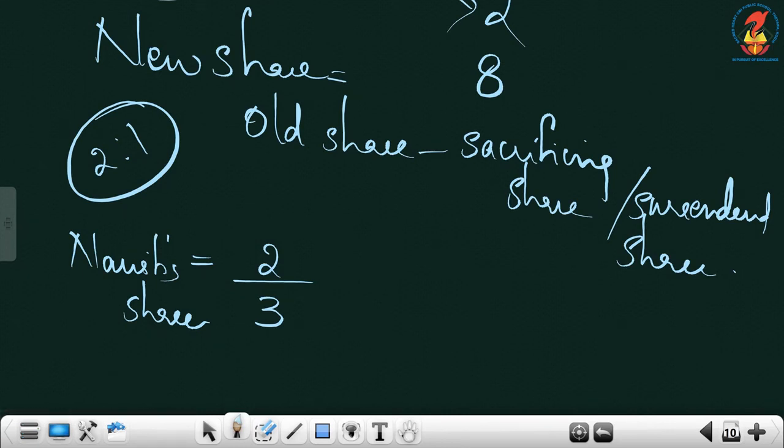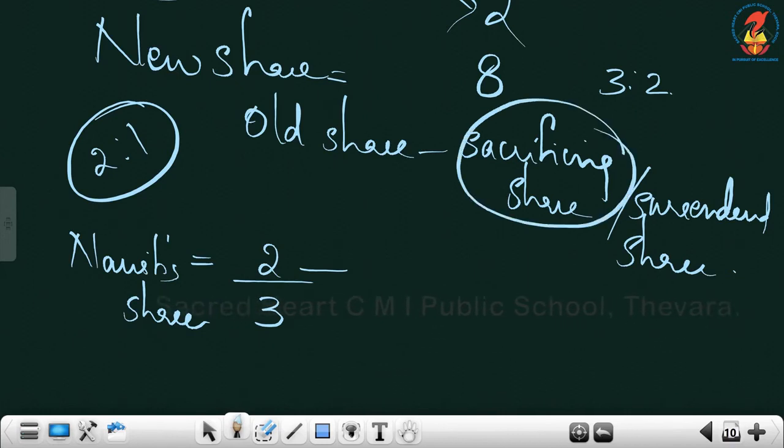So 2/3 minus, what is he sacrificing? His sacrificing ratio is given as 3:2. Naresh and Namit will be sacrificing in this particular ratio, but what we have to take is the sacrificing share or sacrificing proportion.